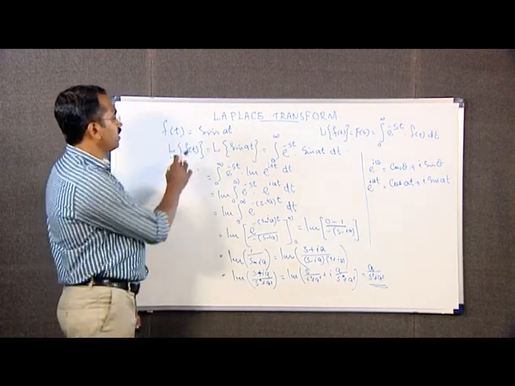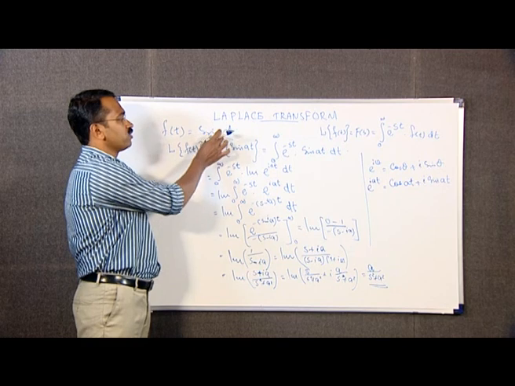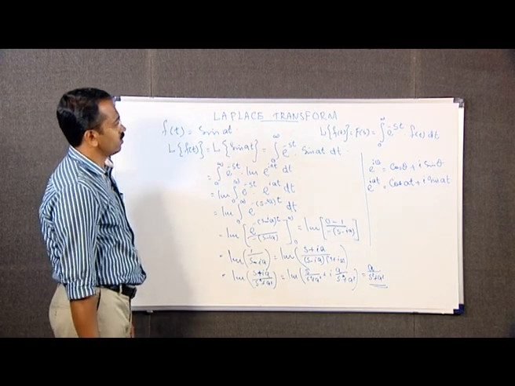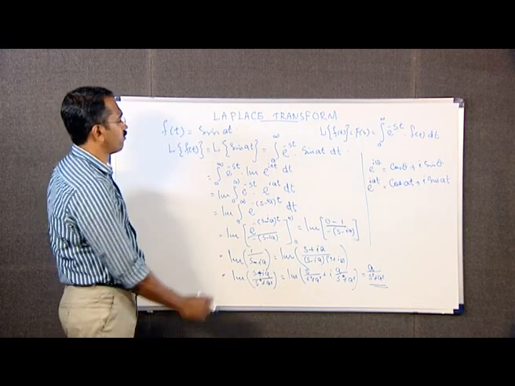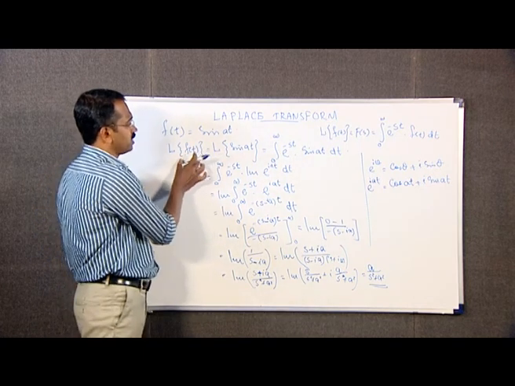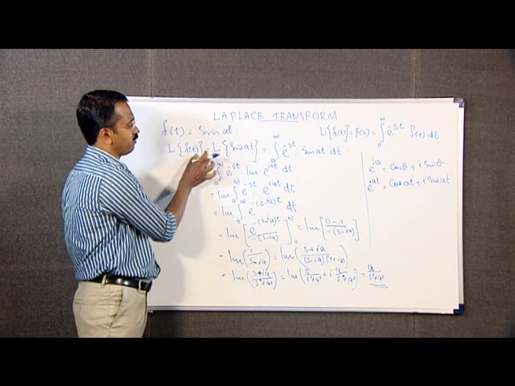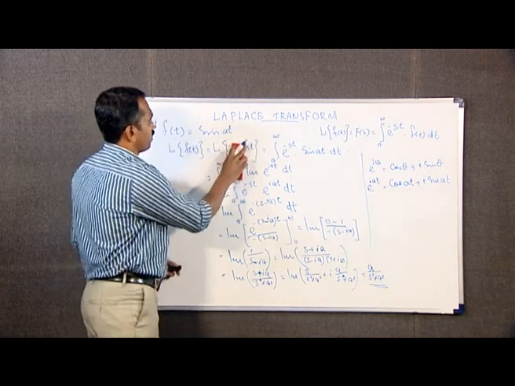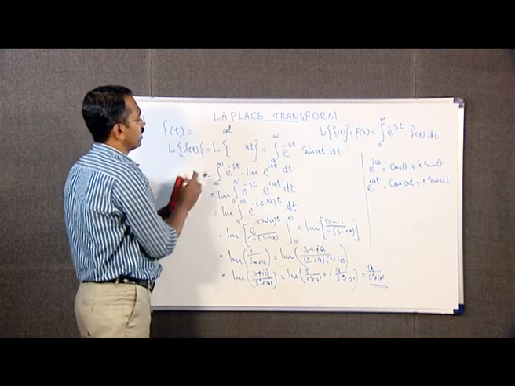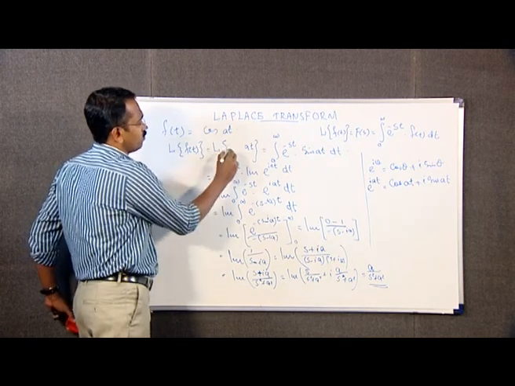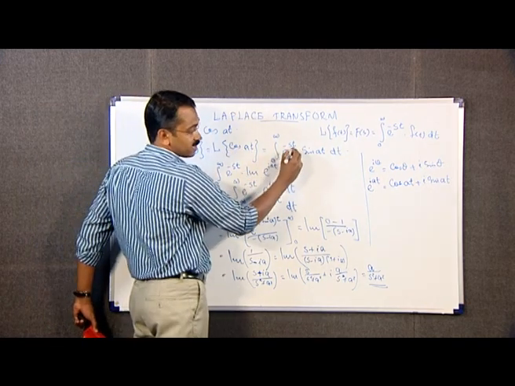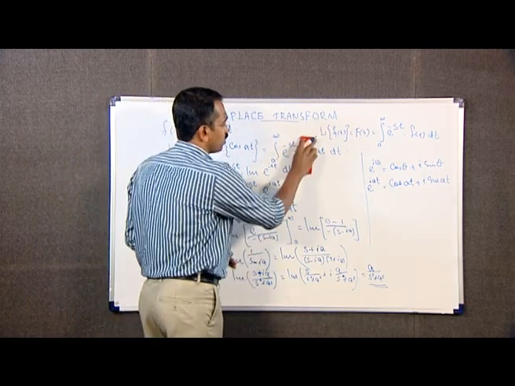If we replace this function f(t) = sin(at) by cos(at), we have, by the definition, L of f(t) equal to L of cos(at). Here, replacing sin with cos, we get L of cos(at) equal to the integral of e^(-st) into cos(at) dt.